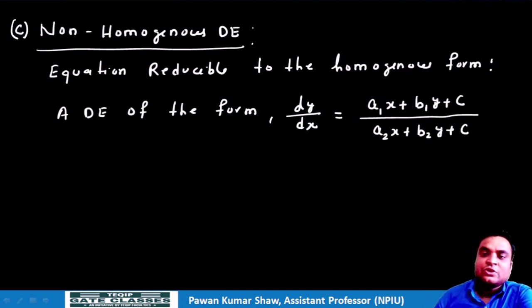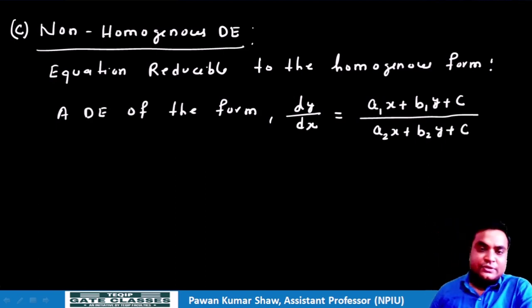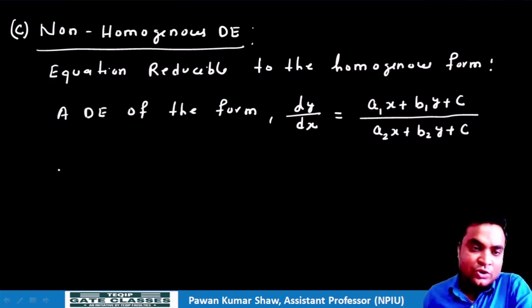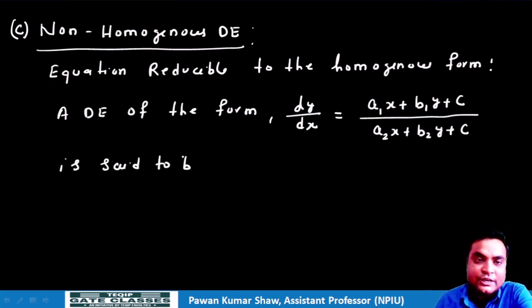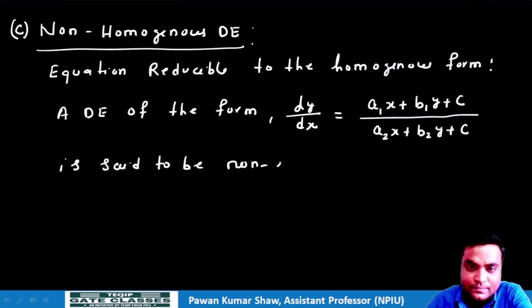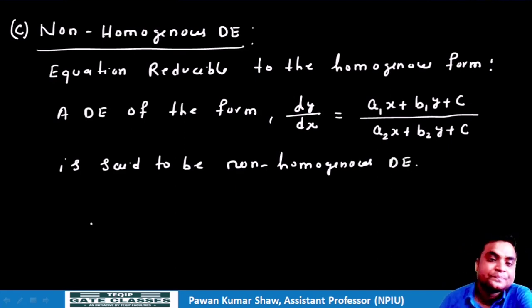This equation is a non-homogeneous form. So this equation is said to be a non-homogeneous differential equation, a special form of a non-homogeneous differential equation. We can convert this into a homogeneous differential equation form. It is a non-homogeneous differential equation of first order and first degree.